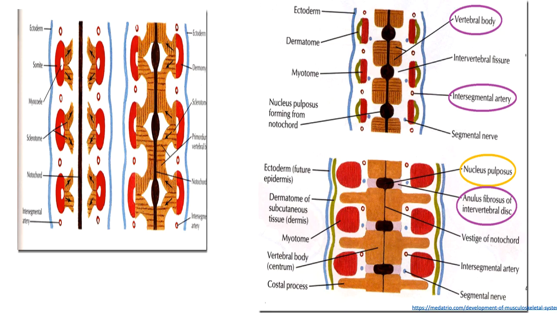So this is also explaining the same scenario. The first diagram is just talking about the migration of the structures from the somites, and the ones that migrate around the notochord. You can see the notochord in the middle. The next diagram is also showing you the same thing.